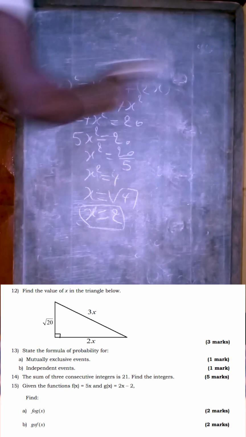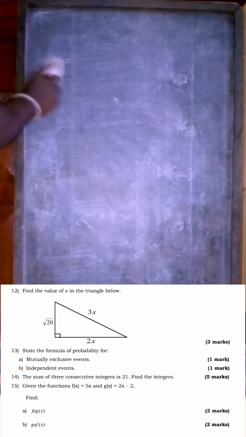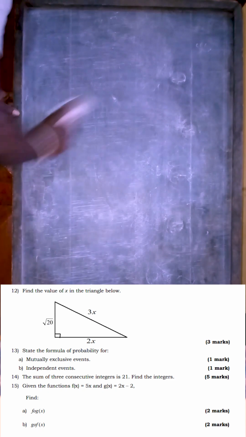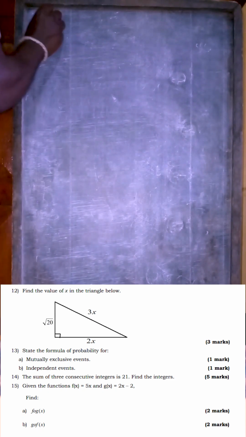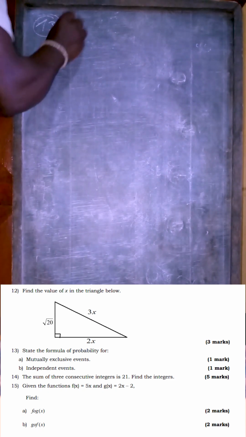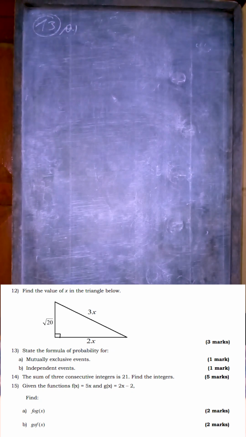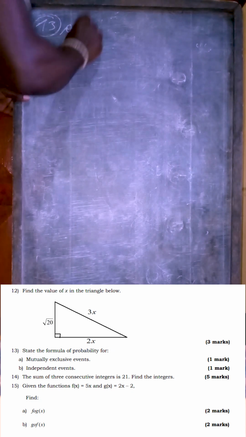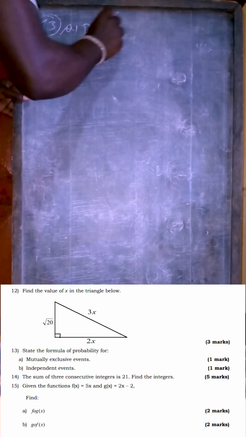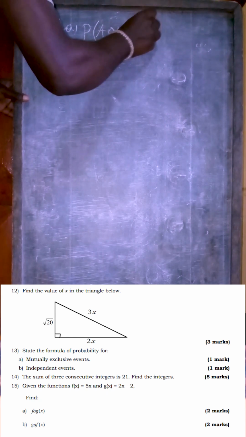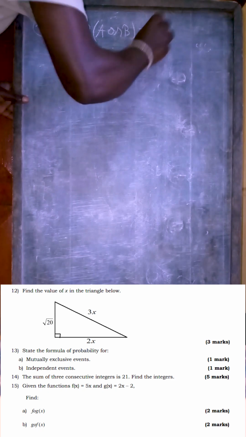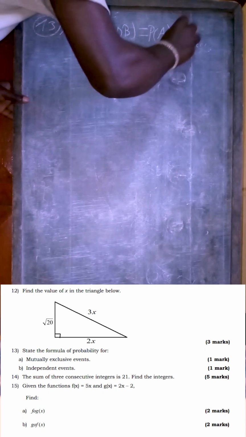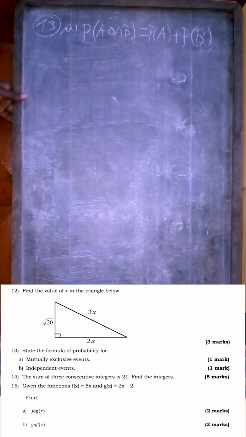Question number 13 is to state the formula for probability for mutually exclusive events. Number 13 A. In probability, mutually exclusive events state that the probability of A or B is equal to the probability of A plus the probability of B. And for B, we are asked to state the formula for independent events in probability.